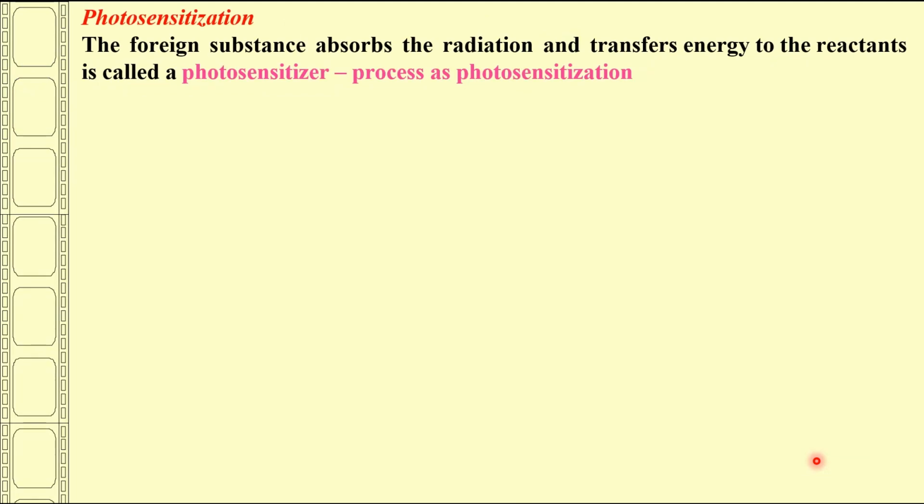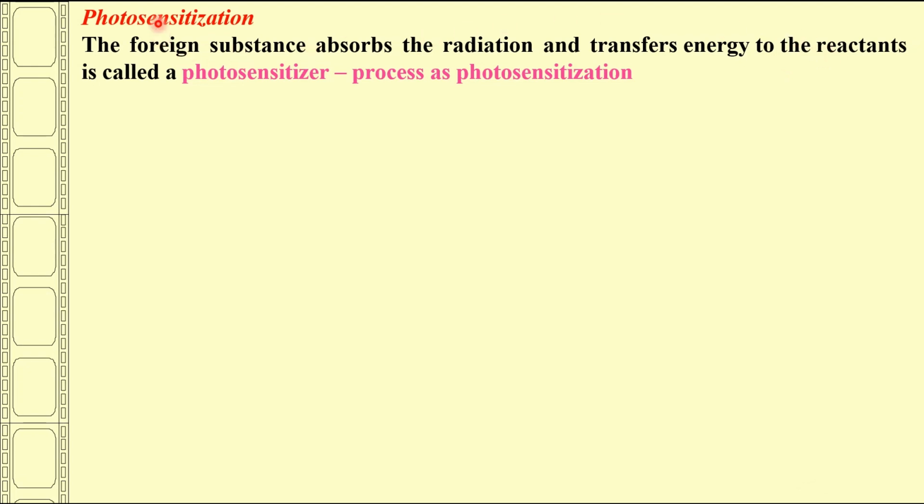The photosensitizer is a substance which is foreign to the molecule. It's a foreign substance which is added. The foreign substance absorbs the radiation, it gets excited, and this excited foreign substance transfers the energy to the reactants, which are not directly absorbing the light energy, and then makes the reaction occur.